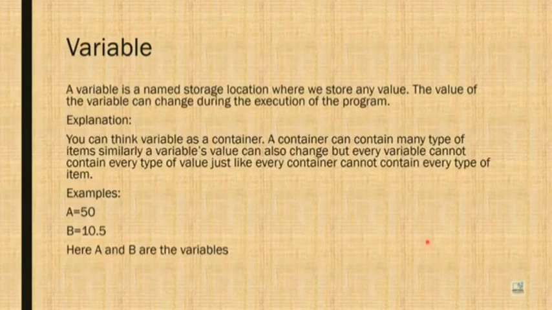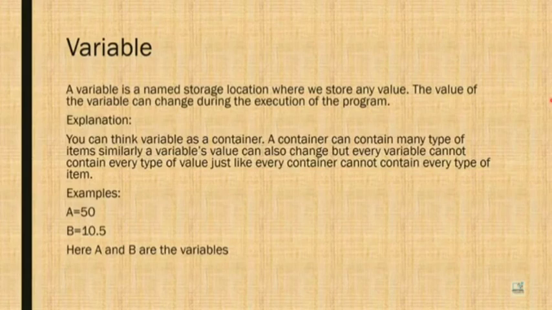Next is, what is a variable? A variable is a named storage location where we can store any value. The value of the variable can change during the execution of the program. So we can say that variable is a container. Like in a container we keep any value, we keep any item. Similarly in a variable we can store anything.